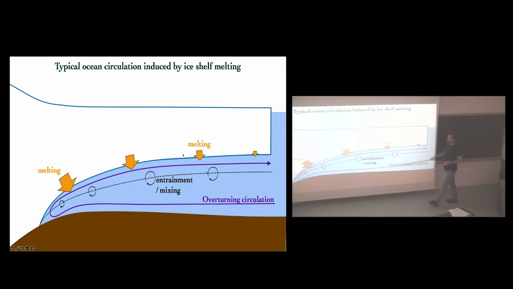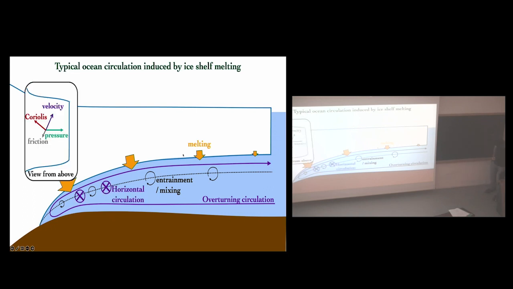So the plume will be cooled and freshened by melting, but the salinity will increase due to entrainment and mixing, and the temperature also will increase. It's very important because this temperature brought from below will also keep the melt rates high in this configuration. And Anna tomorrow will speak more about what's going on really at the interface between the ice and the ocean.